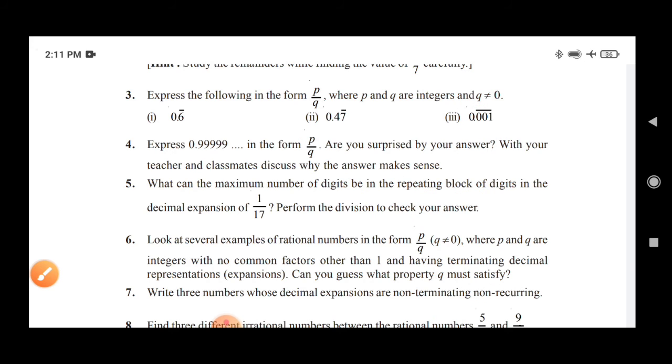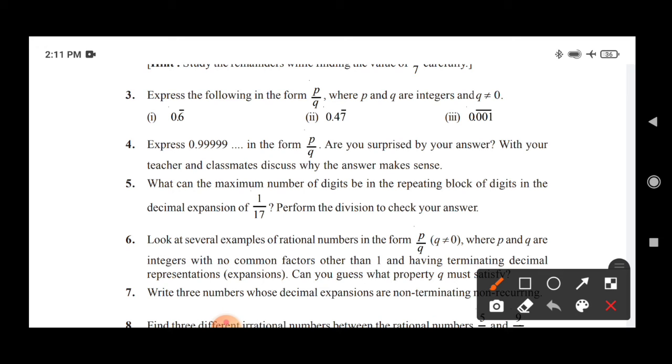You can try yourself. Next, question number 4, you can see here, express 0.9999... in the form p by q, and in the second part, are you surprised by your answer? With your teacher and classmates discuss why the answer makes sense.